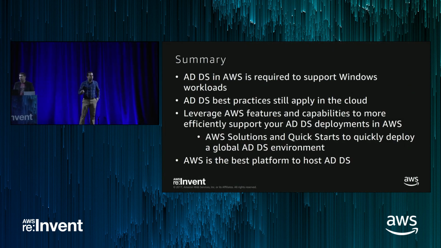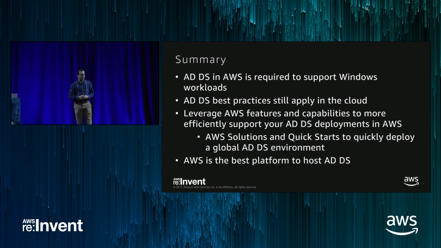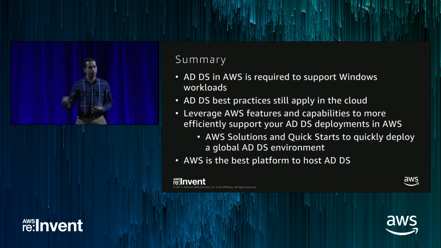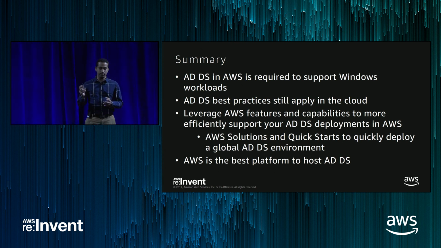Just to summarize what we talked about today in the session, ADDS is required to support all the Windows workload that people are moving to AWS. So you want a robust Active Directory infrastructure in AWS to support all these workloads. Remember that all of the Active Directory best practices still apply as you deploy them in AWS. They don't go away, they still apply.